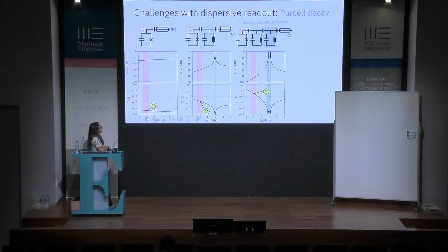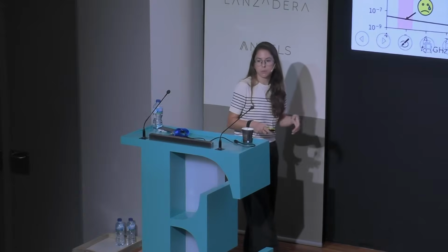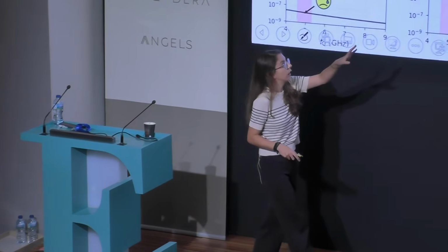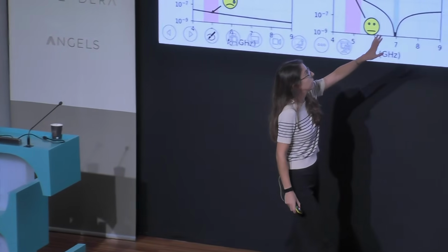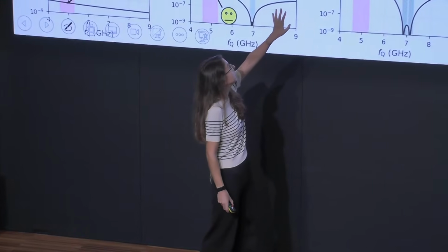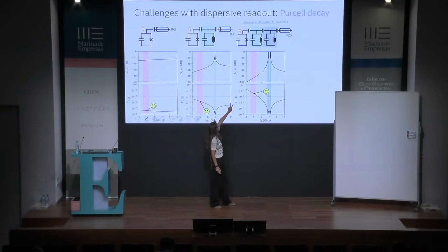So something that people have done also is coming up with this concept of a Purcell filter, where you add something else that keeps filtering the path between your qubit and your resonator and your readout line. Maybe the most simple approach would be adding one more resonator in series, where these two resonators that are perfectly resonant with each other hybridize and result in two different transmission peaks, and the transmission at your qubit band in the end is much lower.